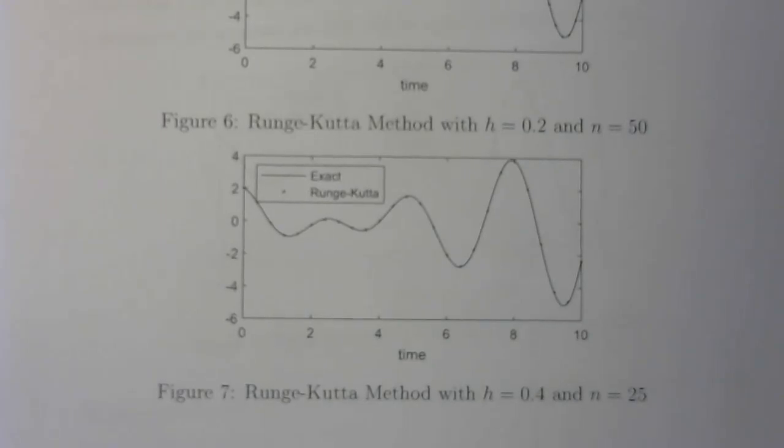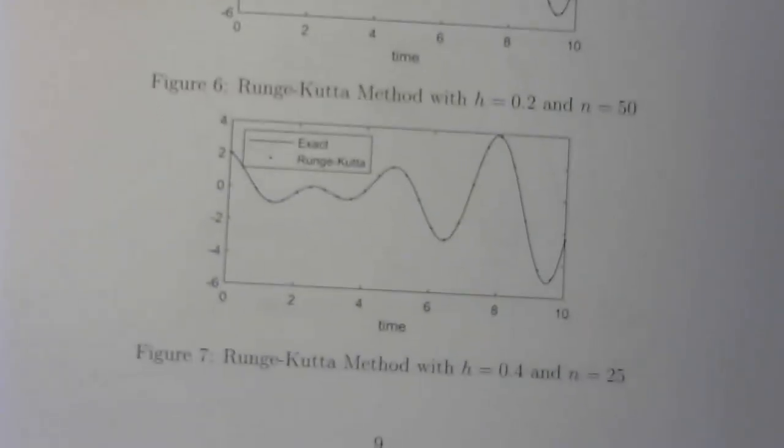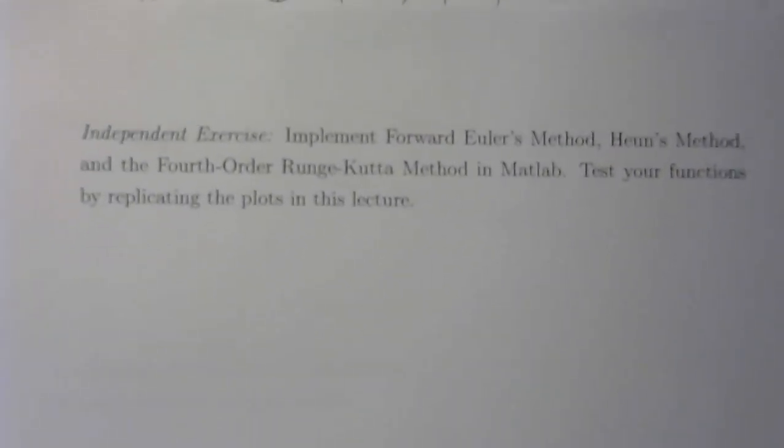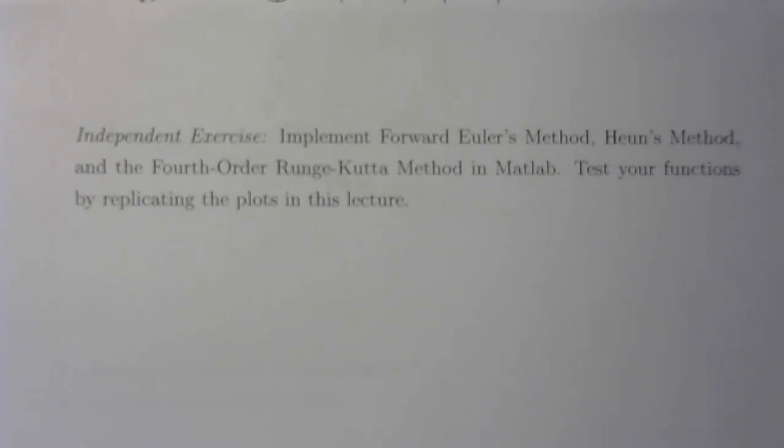So my challenge for you is this. It's not hard to code these. You could try and use MATLAB to implement forward Euler's, Heun's, and fourth order Runge-Kutta and replicate these 7 plots from this lecture.